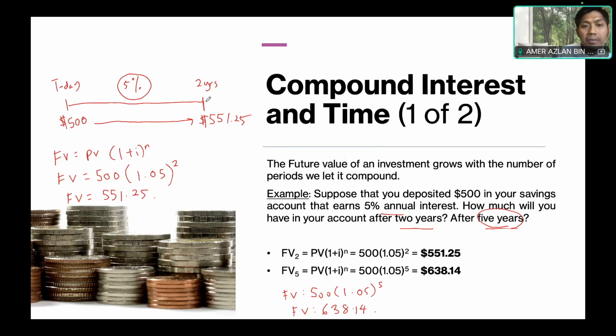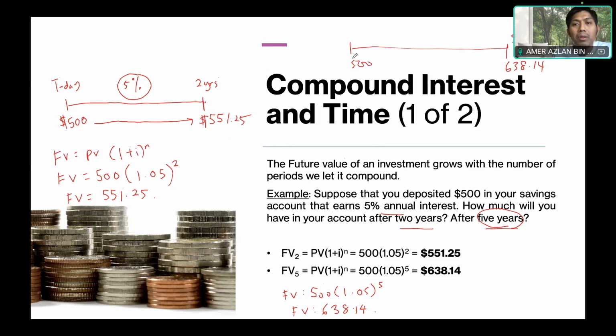So in other words, the longer the period, the higher the value of your savings or investment will be.